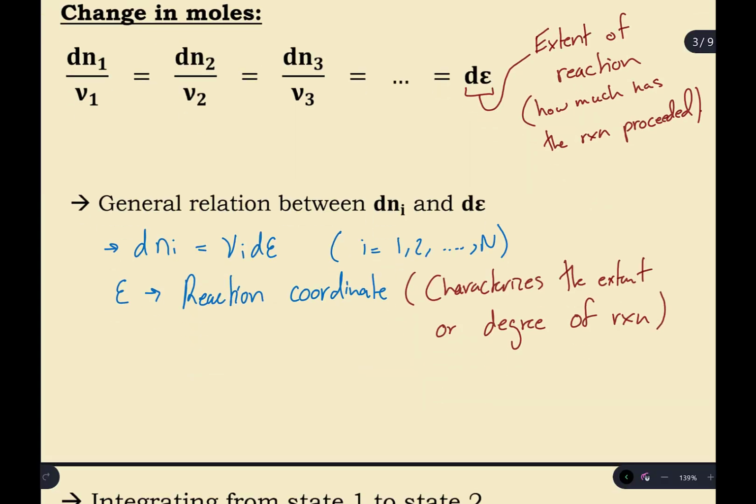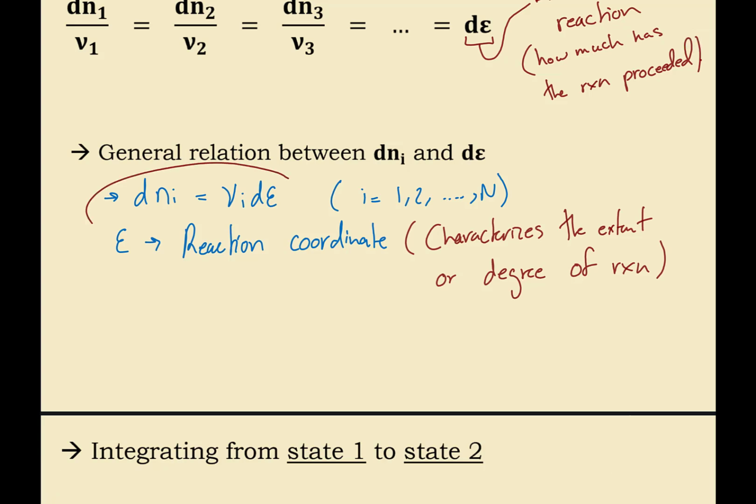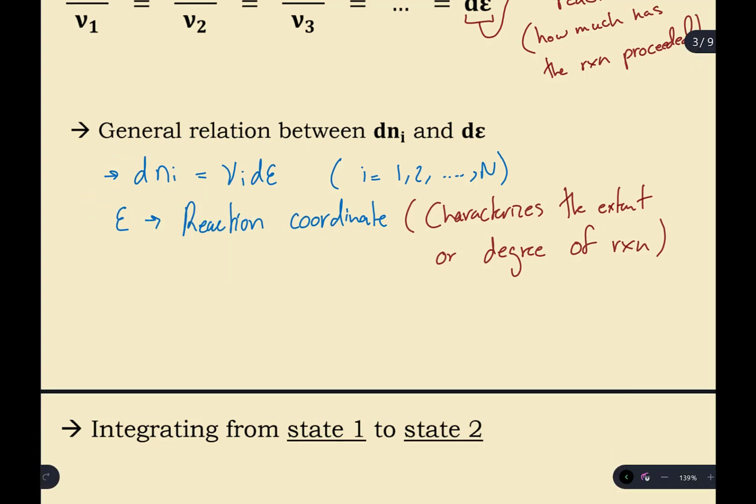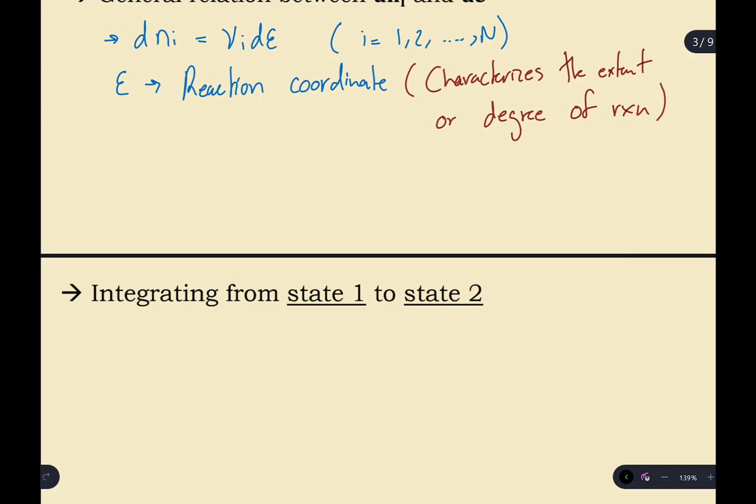Now we're going to take this expression and integrate it to find an expression for my current number of moles based on the reaction coordinate. We integrate from initial conditions: n_i initially is n_i naught, my initial number of moles, and in the final state it's just n_i, my current number of moles.